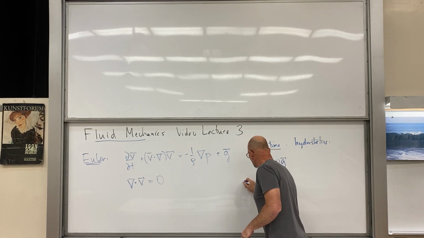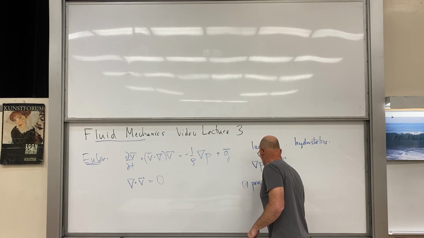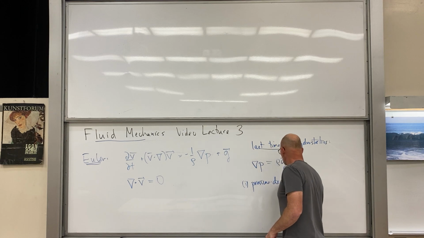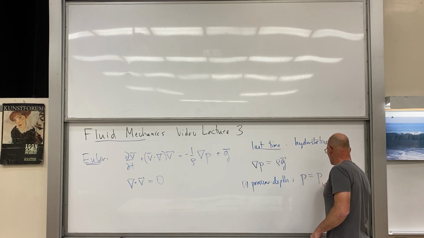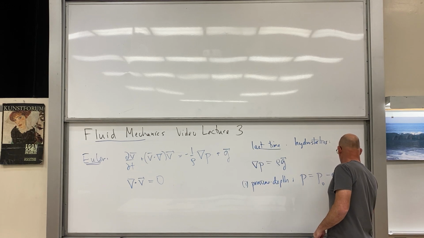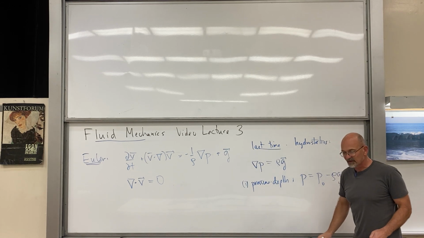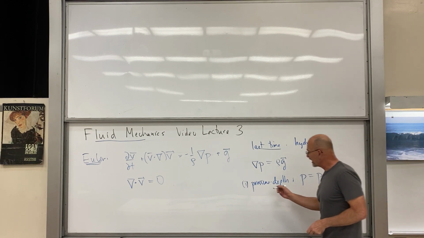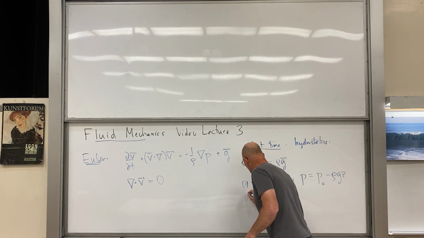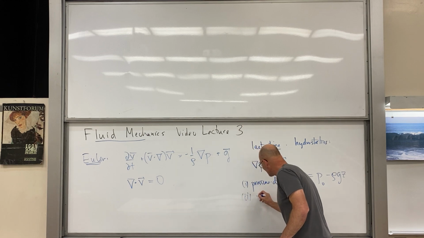First thing we had was the pressure depth formula, P equals P naught minus rho gz, where P naught is the pressure up at the z equals 0 level. Then, based on that formula, we had Archimedes' principle.